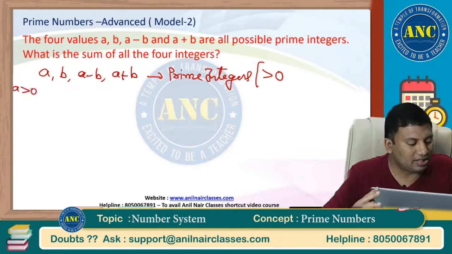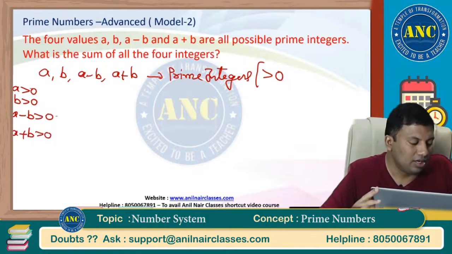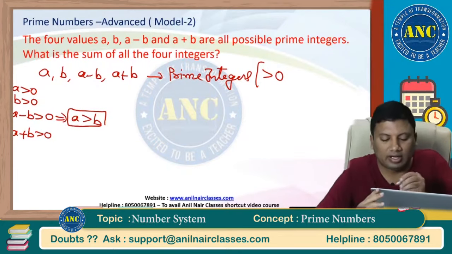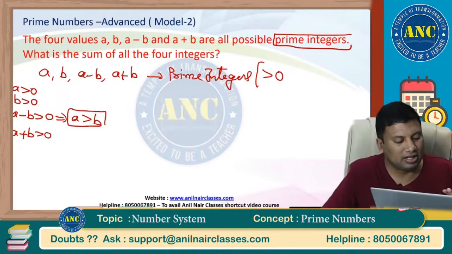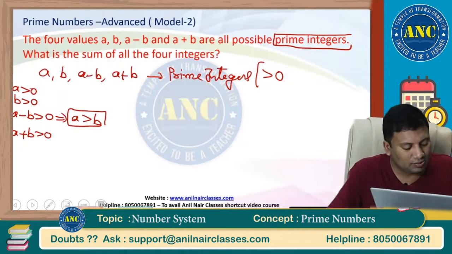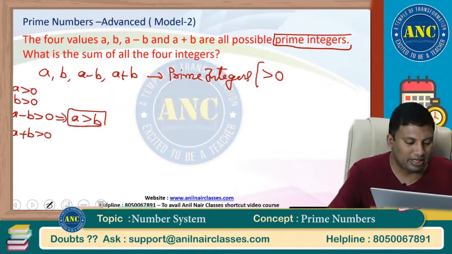A greater than 0, B greater than 0, A minus B greater than 0, A plus B greater than 0, so A is greater than B. This is the hint we got from the words prime integers: A, B, A minus B, A plus B all are prime integers. Now this point is clear.